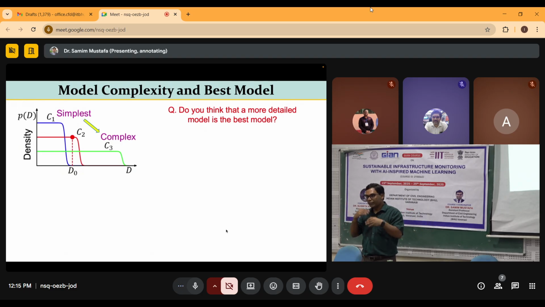You can expect large variability. So what happens in the best fitted model? Because of the large variability, it assigns relatively smaller probability to a particular set of data, right? Because it has to take care of a wide range of data.